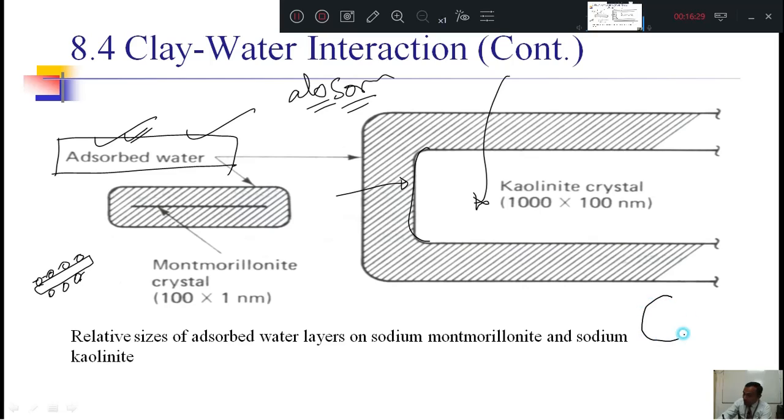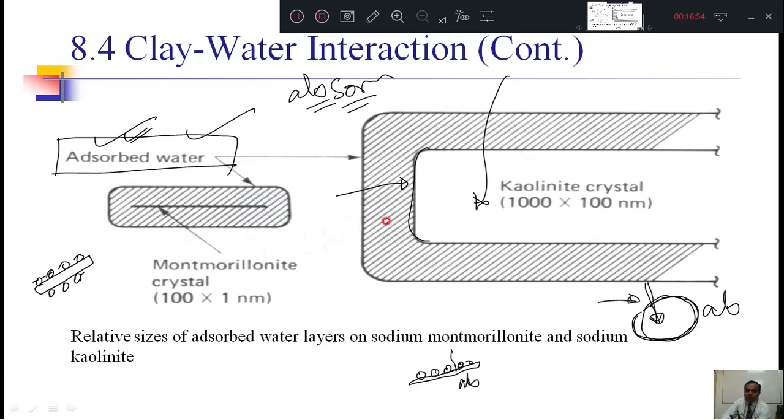See, take a small quantity of clay. When you put water, we say that this clay mass has absorbed the water. But actually speaking, when you take an individual clay particle, it will not absorb, it will only adsorb. That is very important.